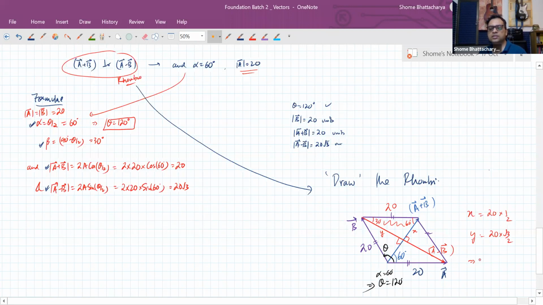So from that you can see that mod of a plus b is going to be 2x, so that's going to be 20, and mod of a minus b is going to be twice of that side y, so y is 10 root 3, so that is 20 root 3. So a little bit of extra work we are doing in the sense that we are applying trigonometry here. Here we were directly applying the formulae, but it's one and the same thing. You can see that's how it was derived.